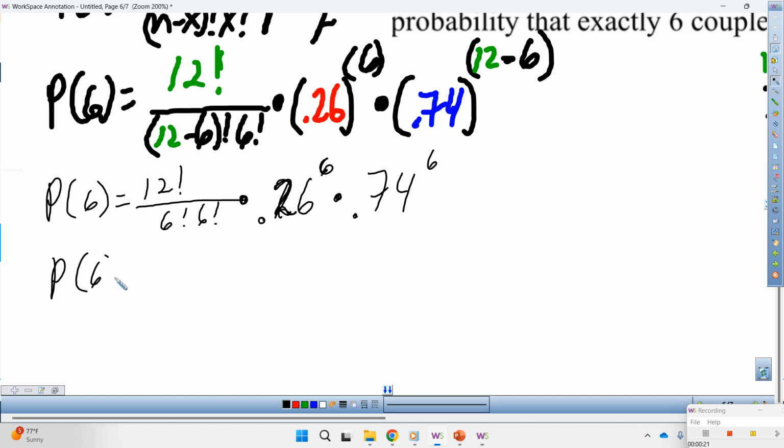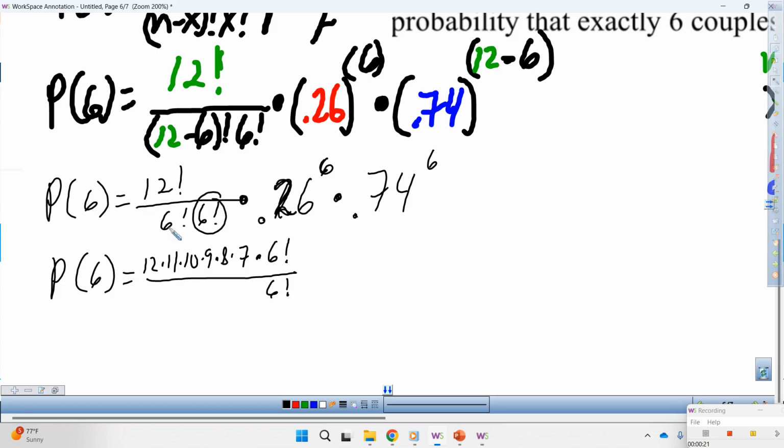Therefore, P of 6 equals 12 times 11 times 10 times 9 times 8 times 7 times 6 factorial over 6 factorial for this one. However, I have another one, so that's 6 times 5 times 4 times 3 times 2 times 1 times 0.26 to the 6 times 0.74 to the 6.